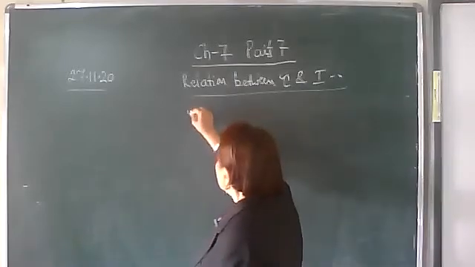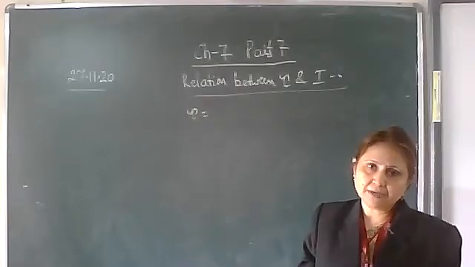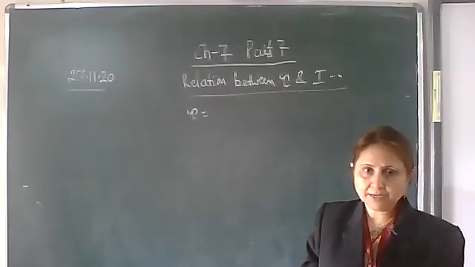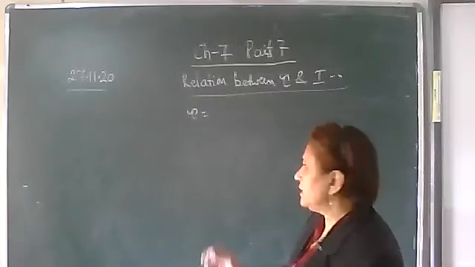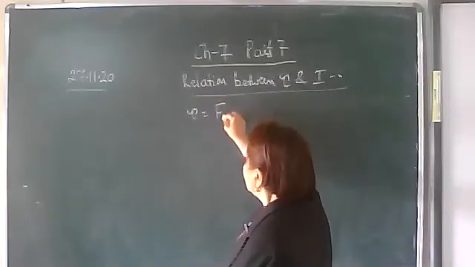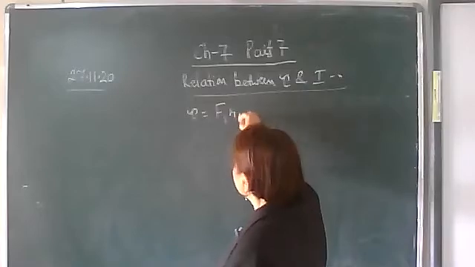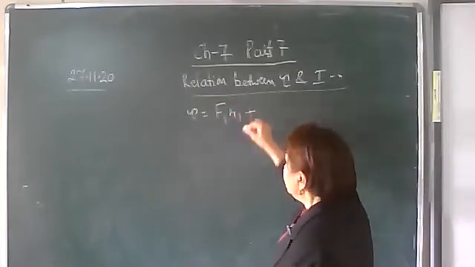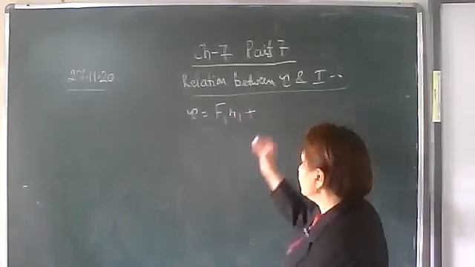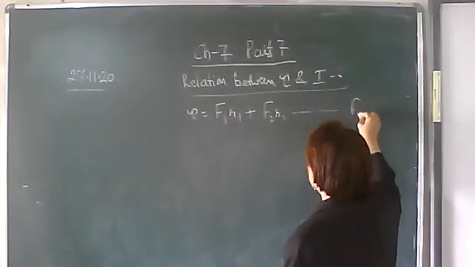For the first particle, tau will be equal to the force on the first particle times the perpendicular distance from the axis of rotation, r1. In the same way, the torque on the second particle, and so on for the nth particle.